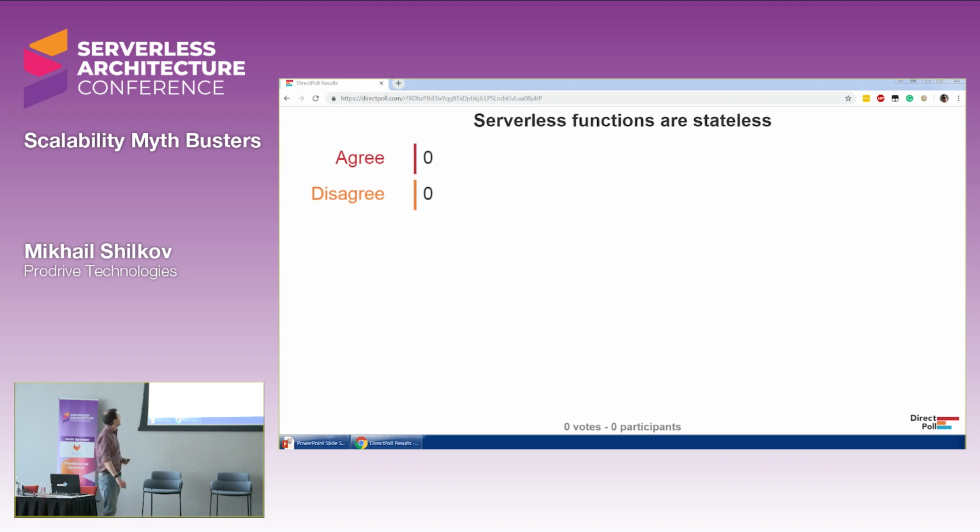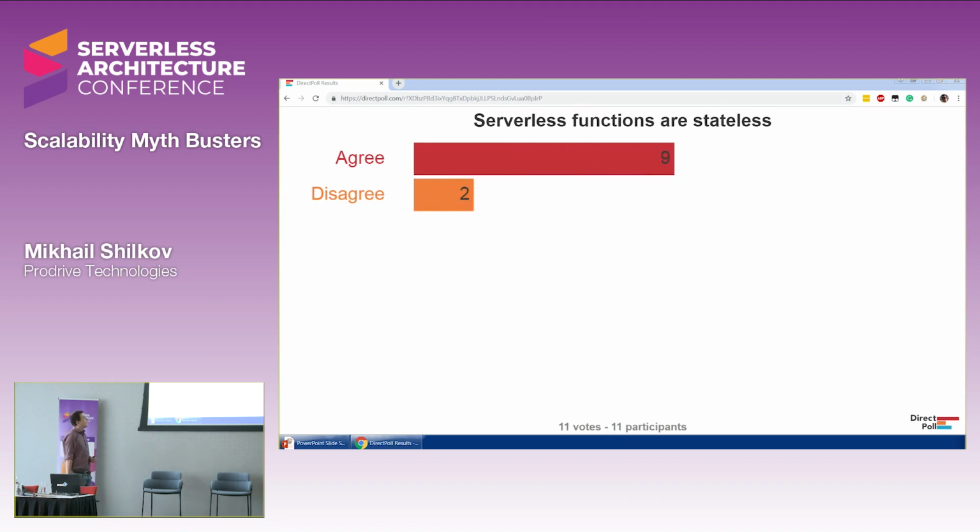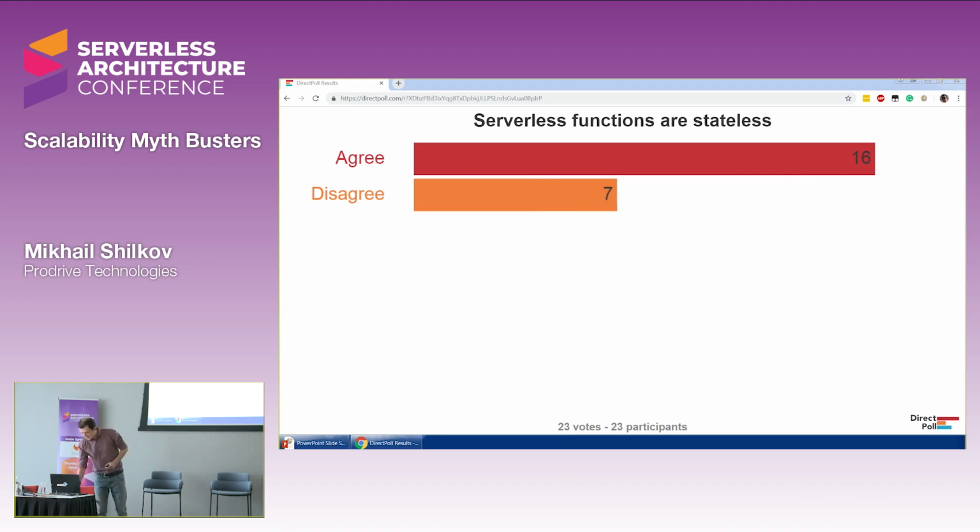Next question. Serverless functions are stateless. So it's always 2/3 and 1/3. Okay, mostly agree. We'll talk about this during the session.